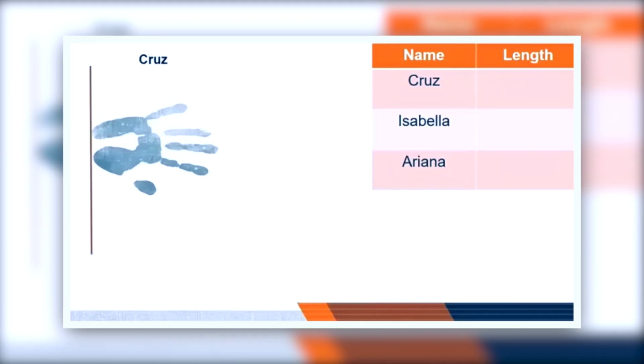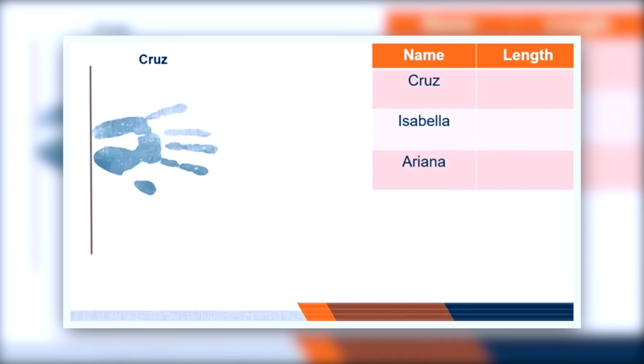So now that I know what length of handprint I'm looking for, I started with the boys first. I measured my son Cruz's handprint, and then I recorded his handprint length in a chart. I repeated these steps for Isabella and Ariana.